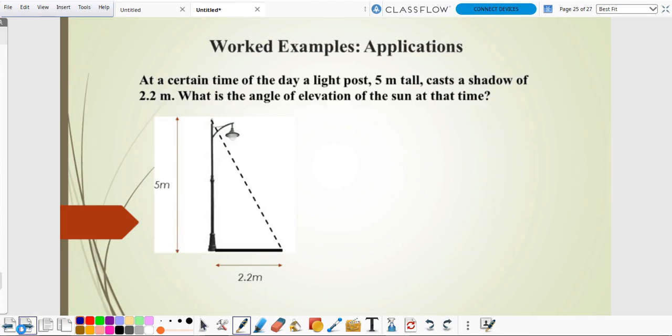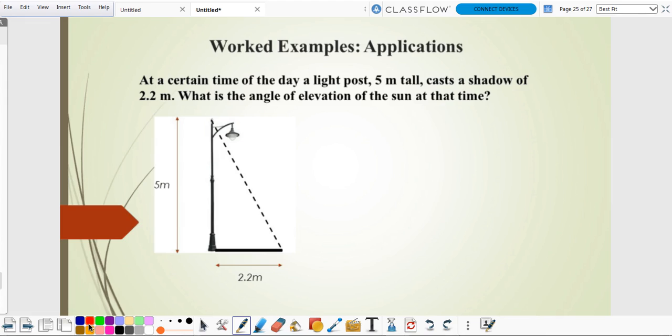Alright, so let's go to this page and do some examples. At a certain time of the day, a light post which is 5 meters tall will cast a shadow of 2.2 meters. What is the angle of elevation of the sun at that time? If it's angle of elevation, here's my horizontal and I'm looking at the sun like that.